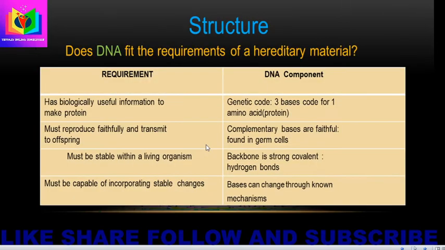Okay. Then next, does DNA fit the requirements of hereditary material? The DNA components have biologically useful information to make proteins. We are checking whether the DNA has the information that is required to make up a protein.